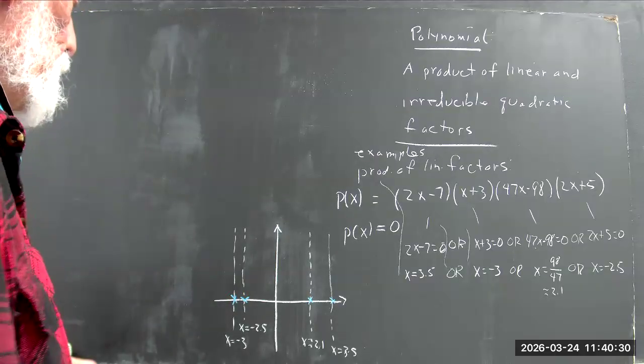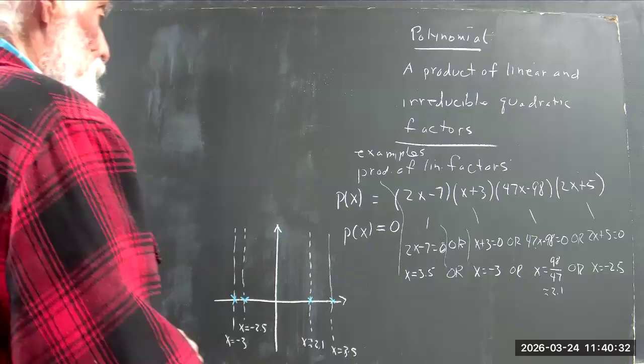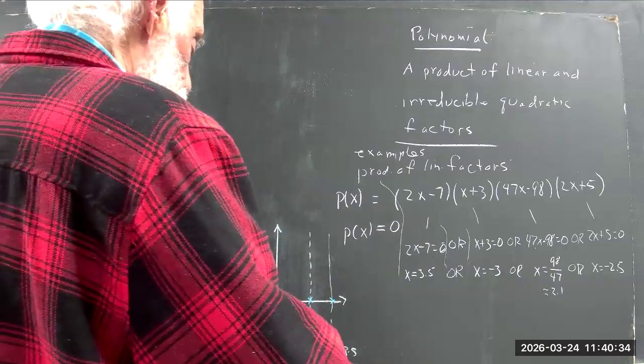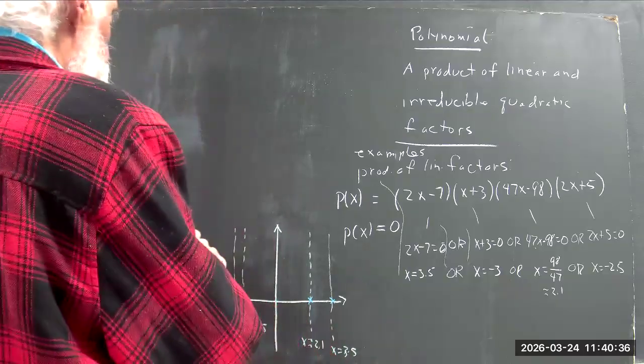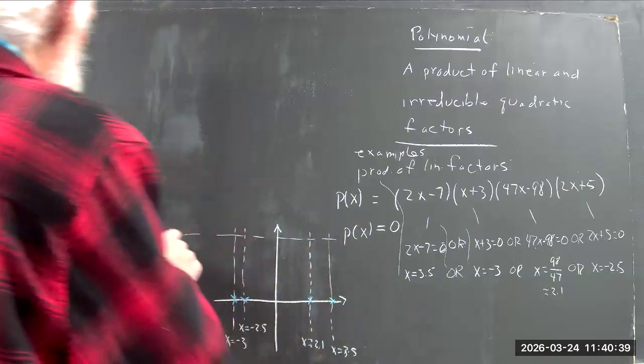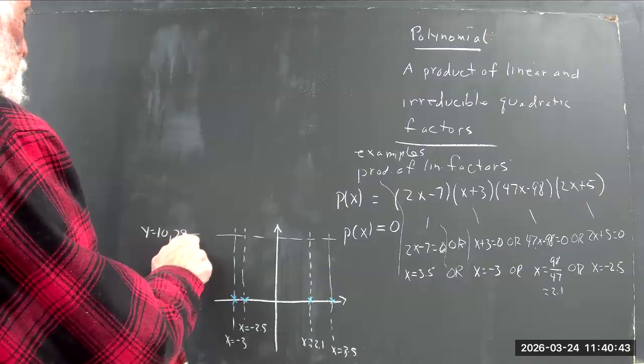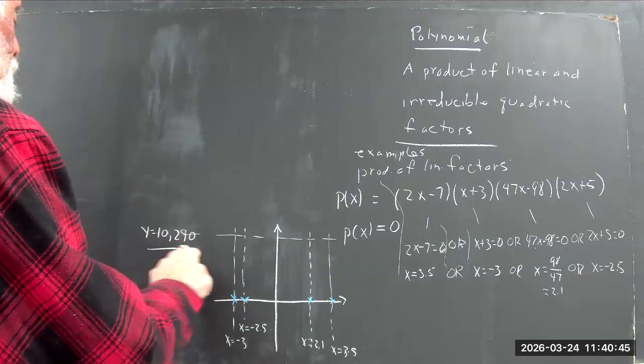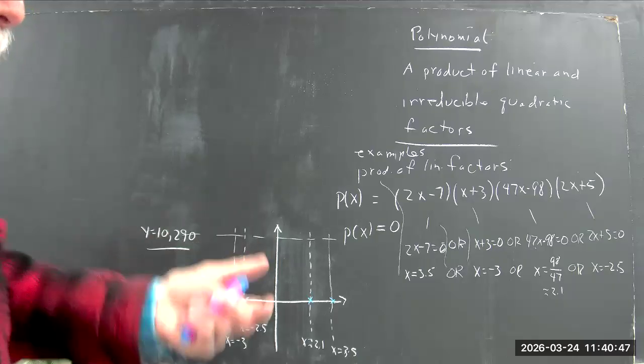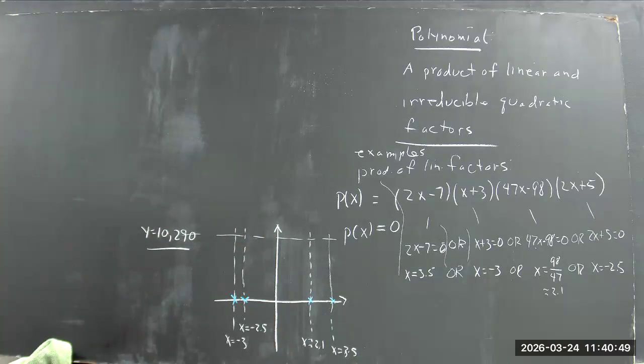We also have a y-intercept. If I did my arithmetic correctly, this should be at y equals 10,290. And I think that might be right. I'm giving myself a 50-50 chance of having done that right. Okay.